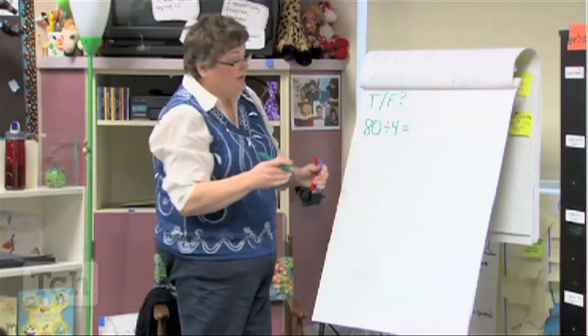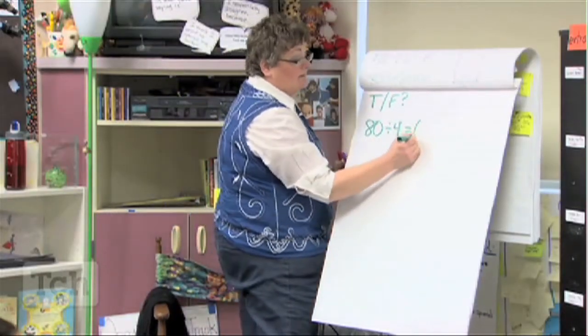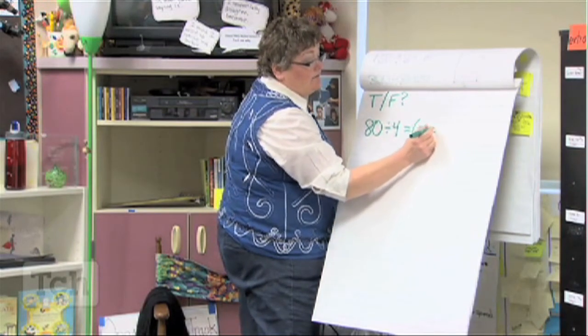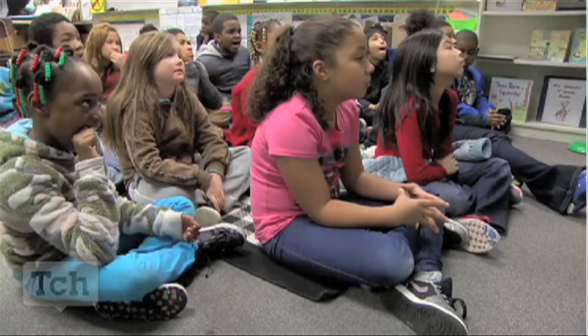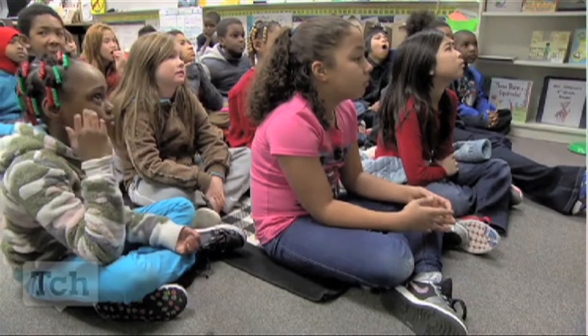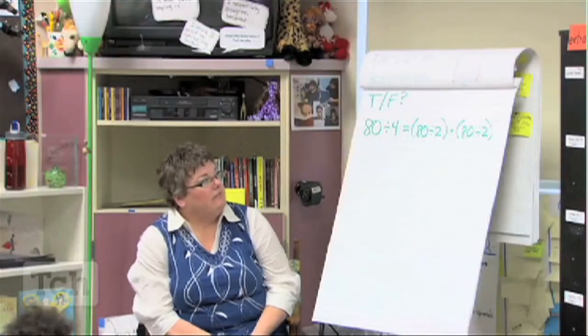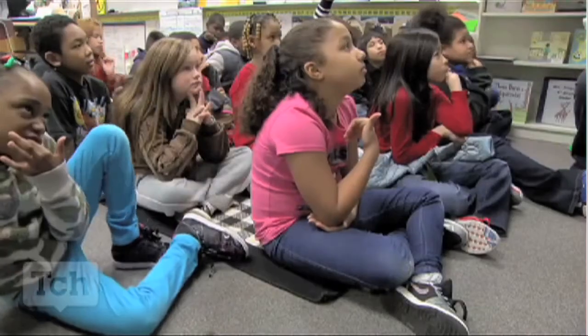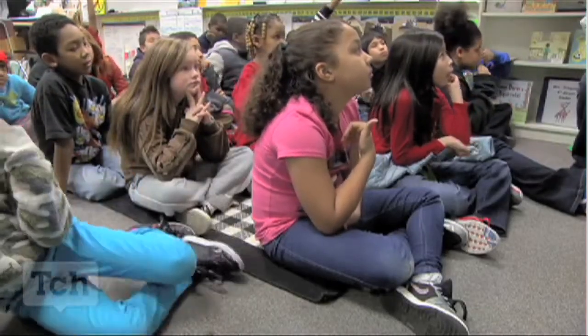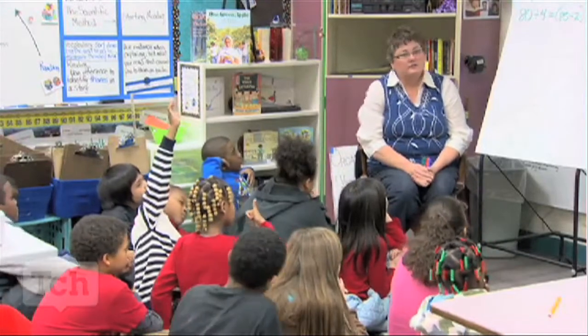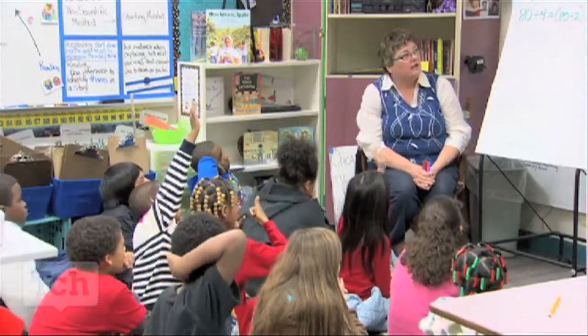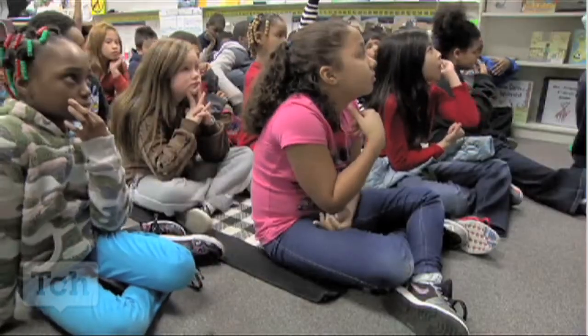80 divided by 4 is the same as 80 divided by 2 and 80 divided by 2. I could put a story problem around this. 80 Skittles divided by 4 kids is the same amount as 80 Skittles divided by 2 kids plus 80 Skittles divided by 2 kids.